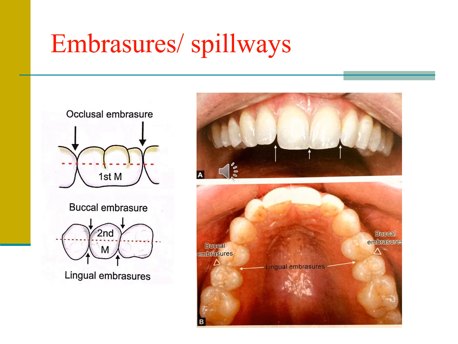Now, what are the functions of these embrasures? This would give a spillway, as the name indicates, for the escape of food during mastication. They also reduce the forces on the teeth during hard material grinding.